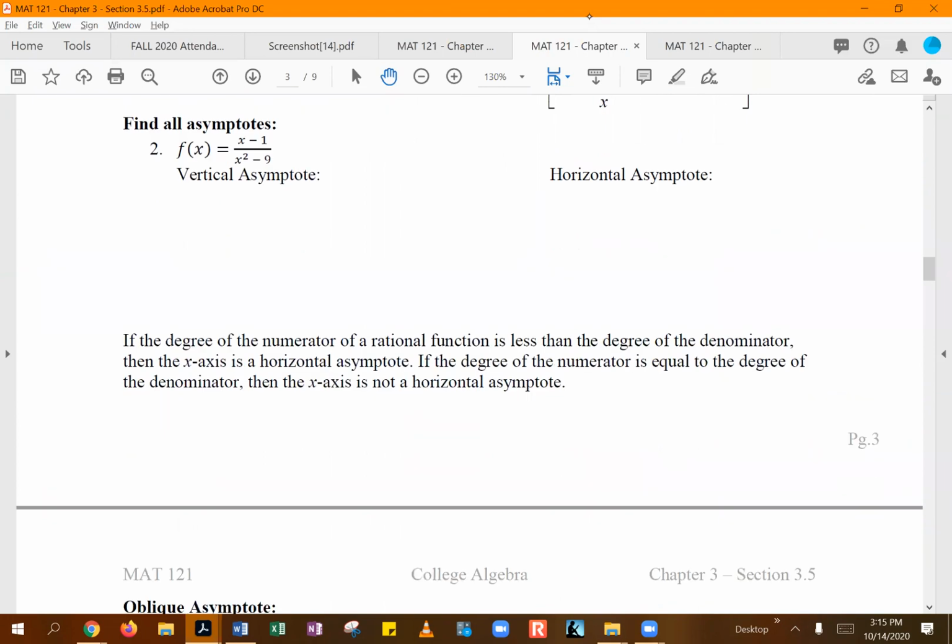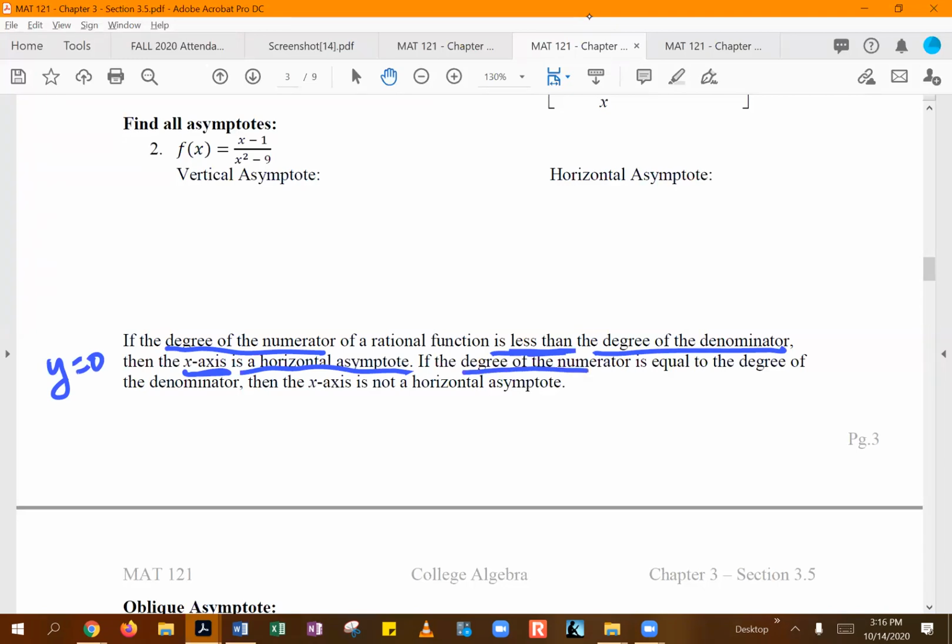You can look at the degree of the numerator and the degree of the denominator. If the degree of the numerator is less than the degree of the denominator, then the x-axis will become your horizontal asymptote. In equation format, we write x-axis as y equals 0.